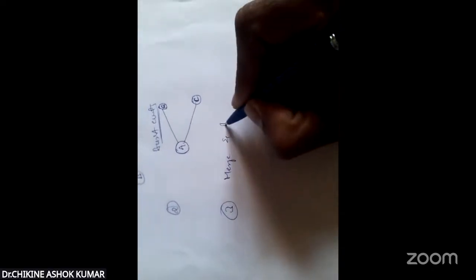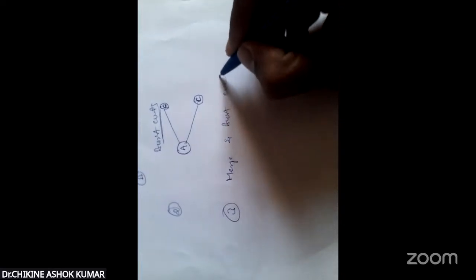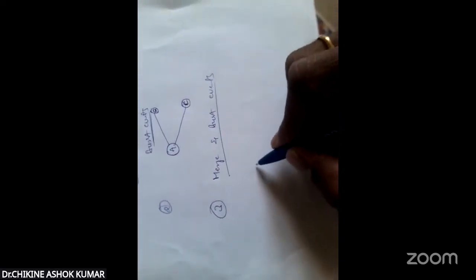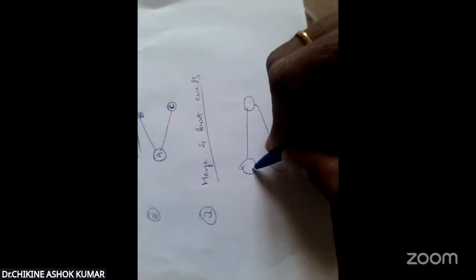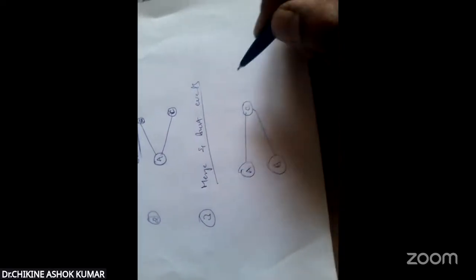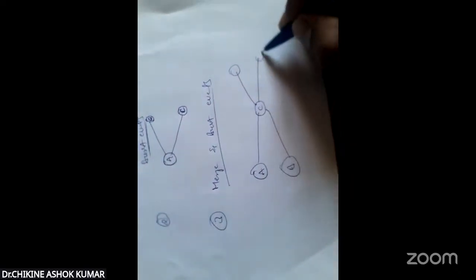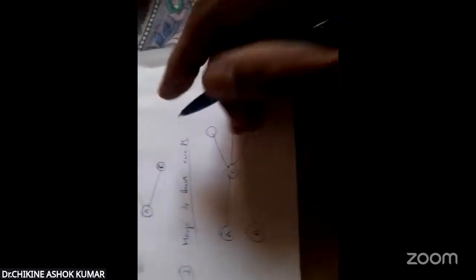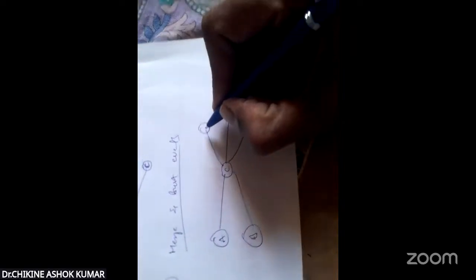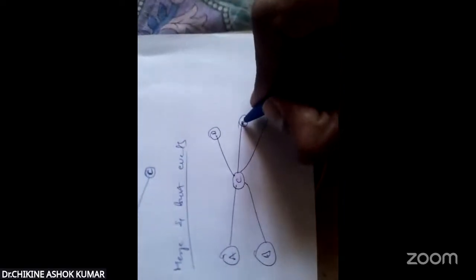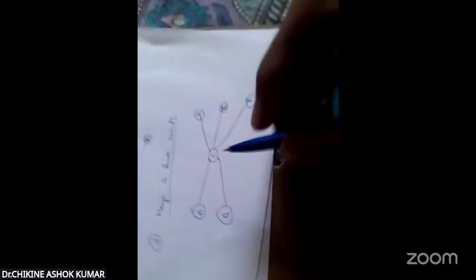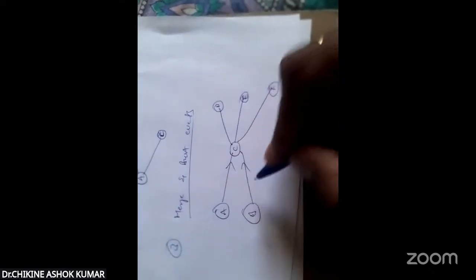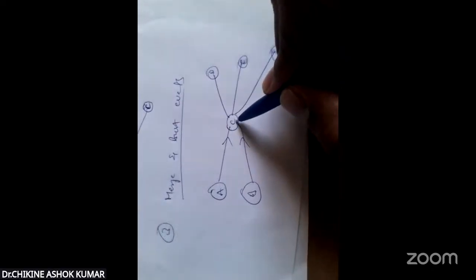Merge and burst events: two events are merging into another event, this is A, B, C. From C onwards, again it is distributing into three different events, D, E, F. So in this direction, we are calling C the merge event.